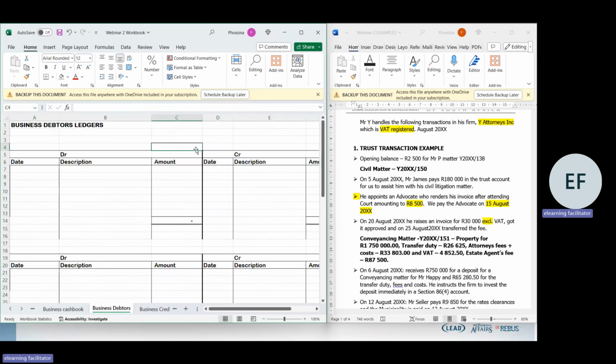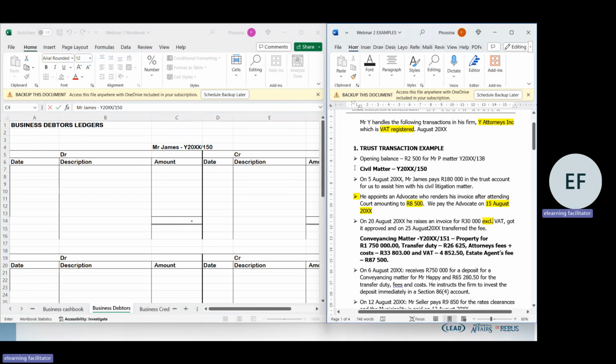So we start with the matter of Mr. James, and it's Y20 XX stroke 150. So this is the matter that we are recording this one for Mr. James.